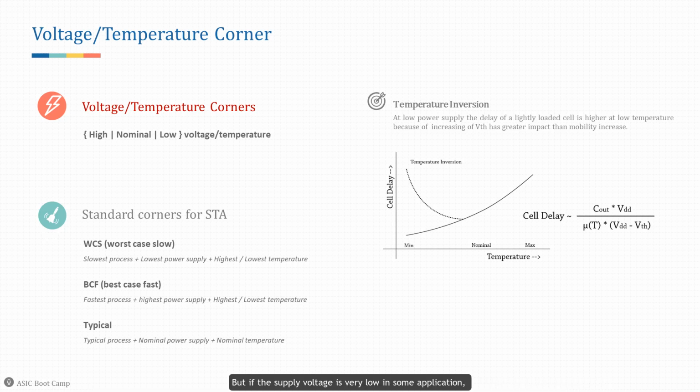But if the supply voltage is very low in some applications, there is a range where the VTH decrease outweighs the mobility decrease and the cell can get slower even if the temperature goes low. Normally, among all PVT corners, worst case slow and best case fast are the two that need the most attention, since they are the 3 sigma extreme corners and guard band the whole design.